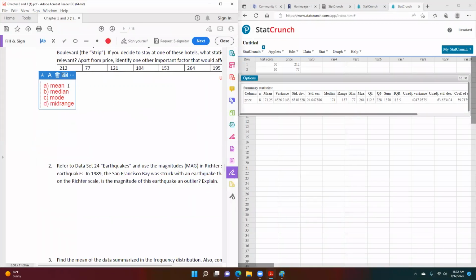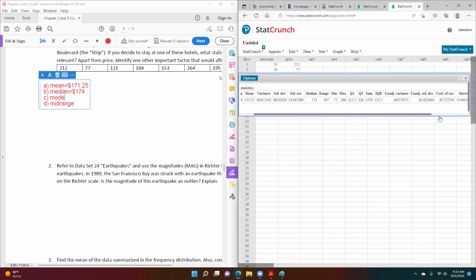The median, which is right over here, is 174. The mode in this case, you have to go all the way to the very end, and it says no mode. So in this case, you say there is no mode.